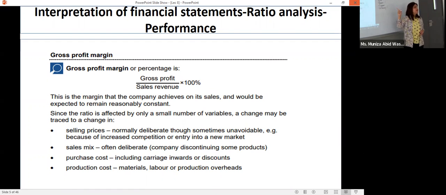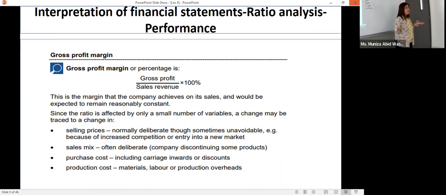But while we are calculating the gross profit margin, we are concerned about direct expenses. How well the company is able to control its direct expenses is going to be primarily analyzed in gross profit margin. If the organization is not having control over its direct expenses, obviously gross profit is going to decline. The more the cost of goods sold, the lesser the gross profit will be, is it?